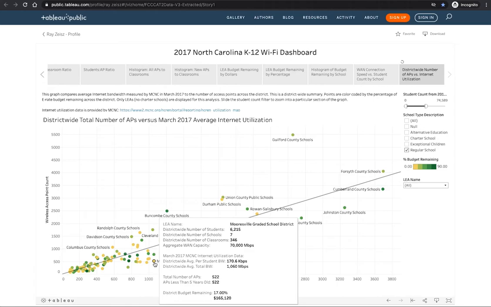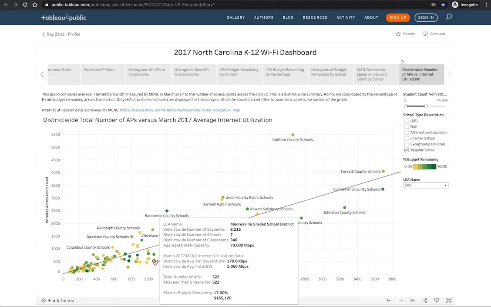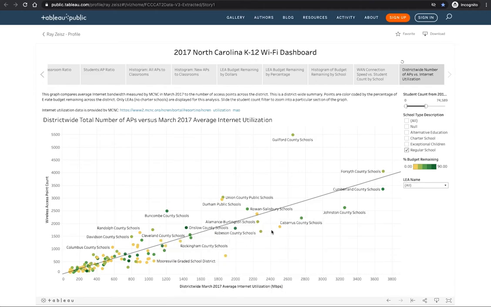They're actually somewhat lower on their number of access points than you would expect. That being yellow, though, indicates that they've spent a lot of their money. But we didn't have anyone complaining that they weren't doing digital learning correctly at Mooresville. So that's an interesting data point, I think.